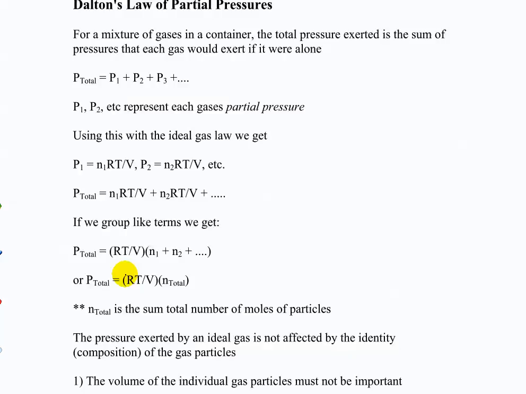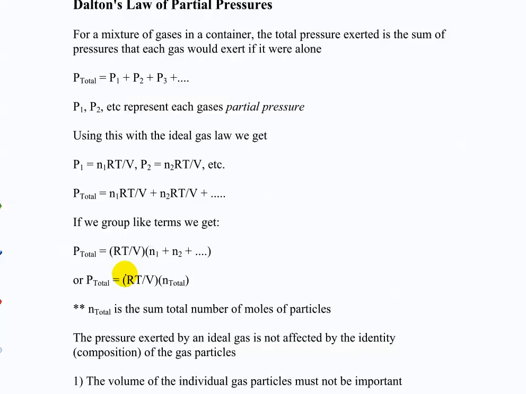But the idea is each gas by itself exerts a pressure on the system, on the container. And then all the gases that are in there together exert an overall pressure. So each gas has a partial pressure, and then there's a total pressure. And the total pressure is simply the sum of all the partial pressures. Okay. So fairly straightforward, right? The whole thing is the sum of all the parts.